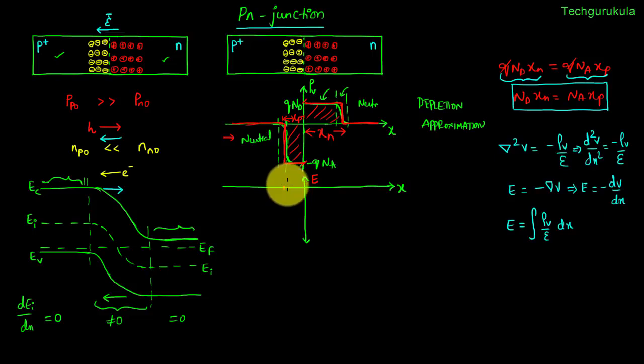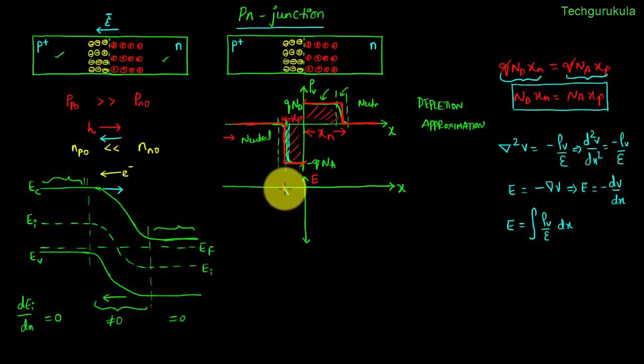Now from this point, as we integrate, we would add this much area, of course divided by epsilon. As this area is negative, the electric field would be negative, and we keep on adding area in the negative direction.